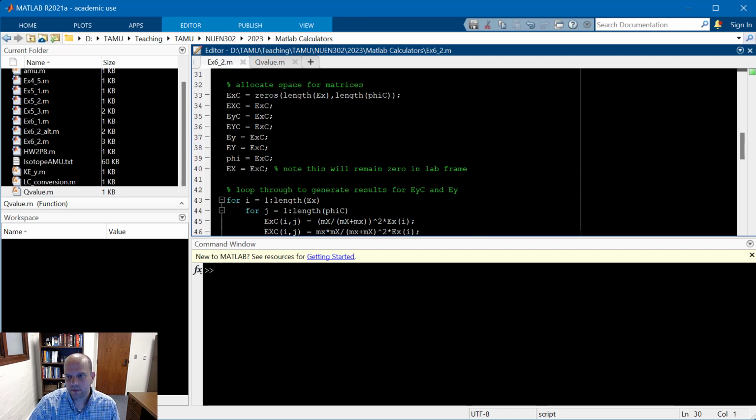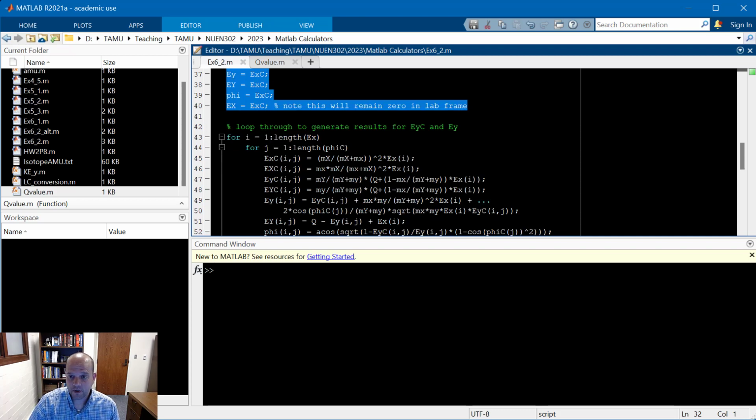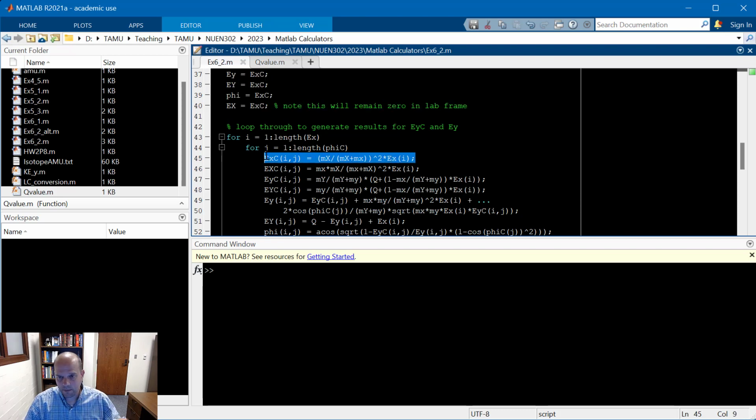And this is just allocating space in my memory for this. This is definitely not necessary for the size of matrices that we're encountering here. But then I'm just going to loop through this. And so I'll use the expressions, these are the ones that we had put boxes around in the notes. I've got my projectile kinetic energy in the center of mass reference frame, and that's a function of my EX.